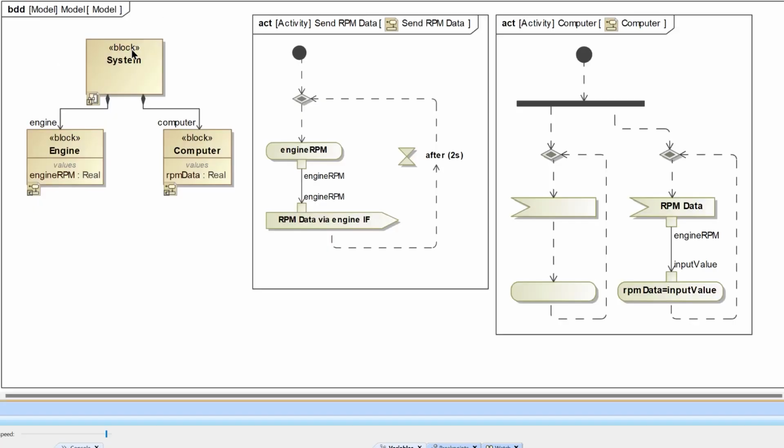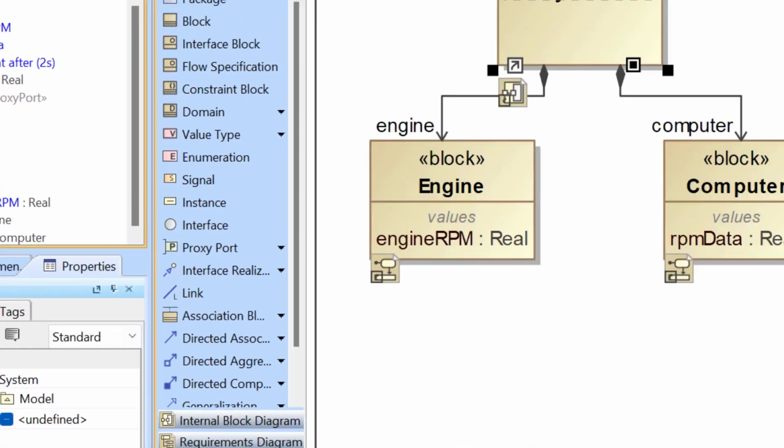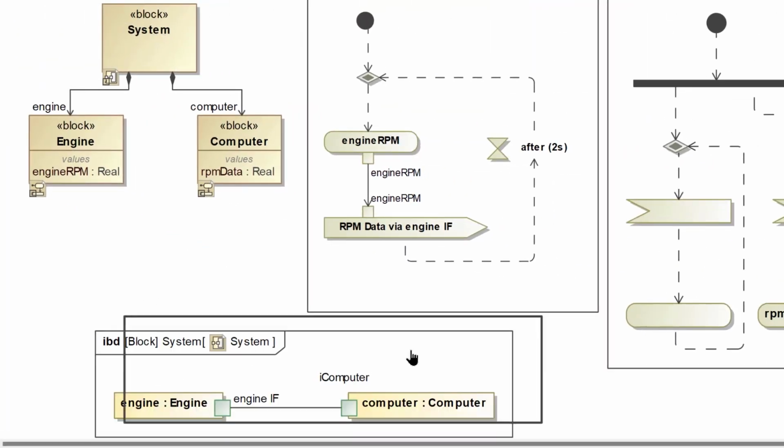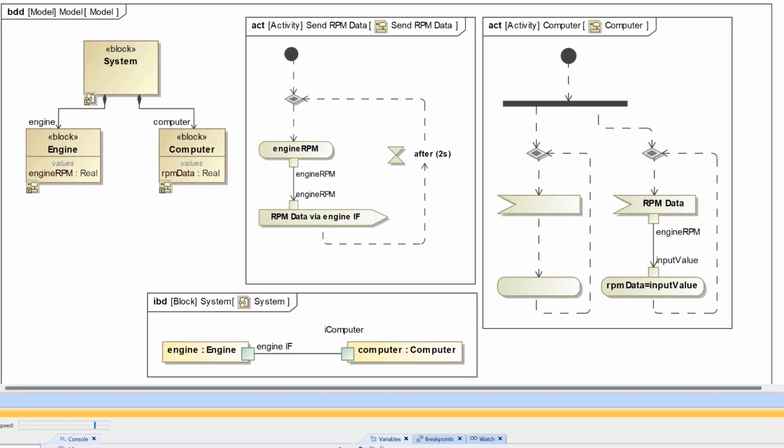So now when we run the simulation from the system block again, before we do that, we can actually pull in the IBD the same way you can the activity diagrams, and you can watch these signals traverse those connectors. I'll slow it down a little bit.